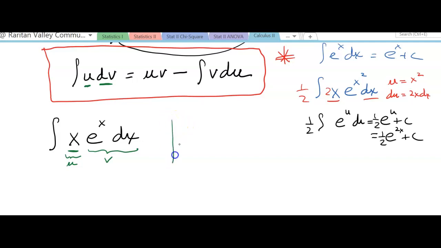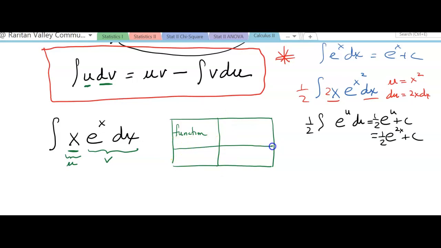Well, I set up this little chart. You don't have to get fancy with the chart. All right. And first of all, what is in my actual function? I have u is simply going to equal x, right?